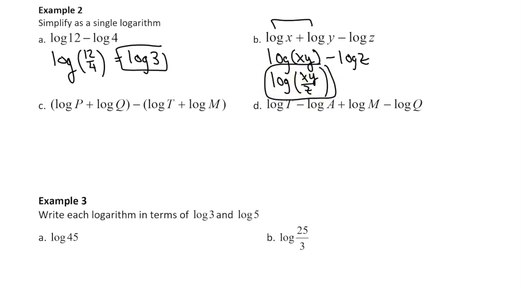But what you can start to do is join the product law and the quotient law into just one operation. The way that I would say this is every time you have something that's positive, it's going to be on the numerator. If they're being added, it's on the numerator. If it's being subtracted, then it's being divided and would be on the denominator. So you could say something like log xy, because x is positive, y is being added, and z is being divided.